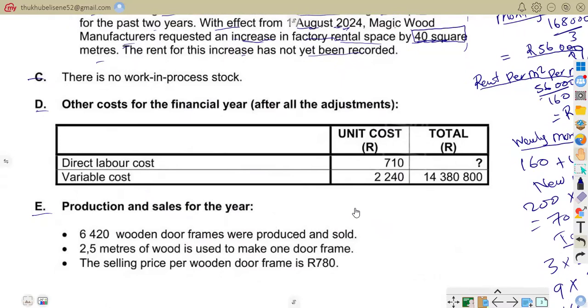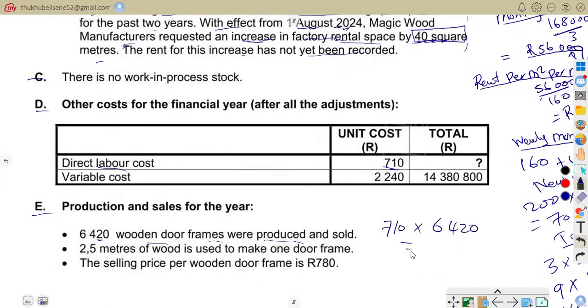Direct labor cost: you're going to say this is our direct labor cost of 710 multiplied by 6,420 wooden door frames that were produced and sold. So it means you're going to say 710 multiplied by 6,420.